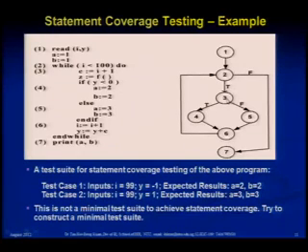But when I come here, this is my path, 1, 2, 3, 4, 6, 2, 7. When I come to 3, my path follows this branch, 3, 4. So at this point, I have to make sure that this if condition is true.